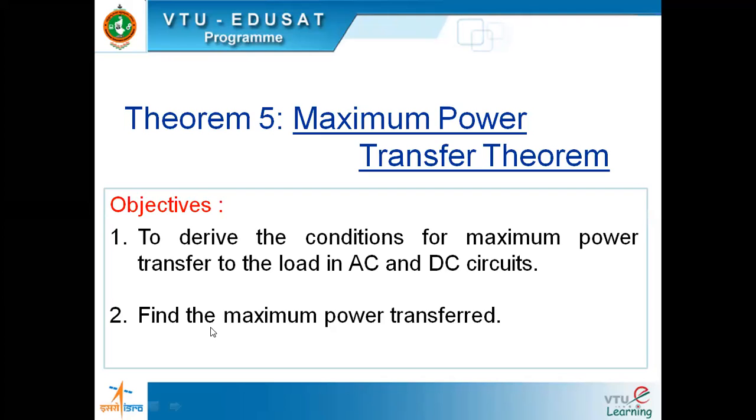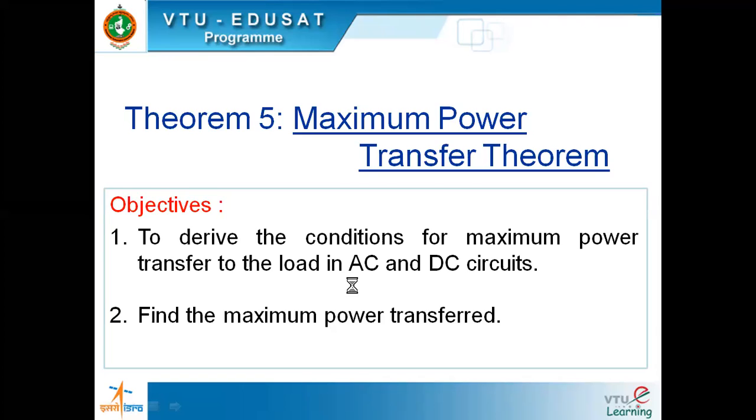Second, after finding out the conditions for maximum power transfer, what the maximum power transferred is will also be understood here. Okay, first is the condition under which the maximum power is transferred, and what that maximum power being transferred is, is also something that we're going to learn.